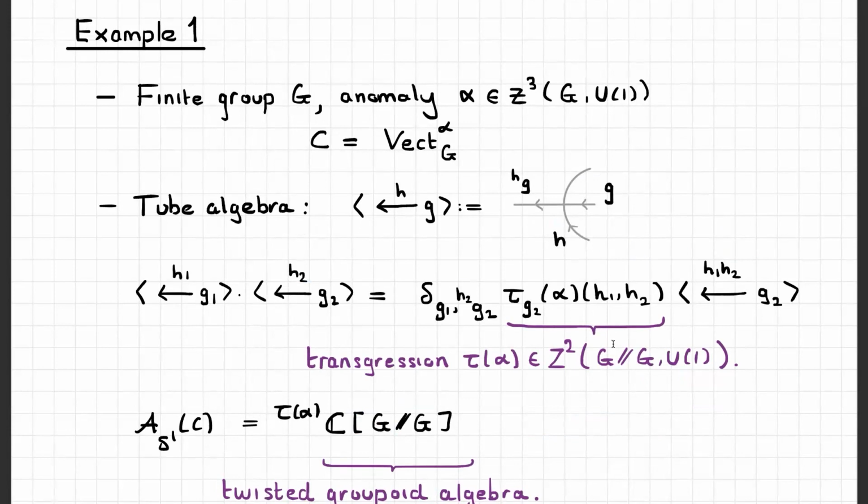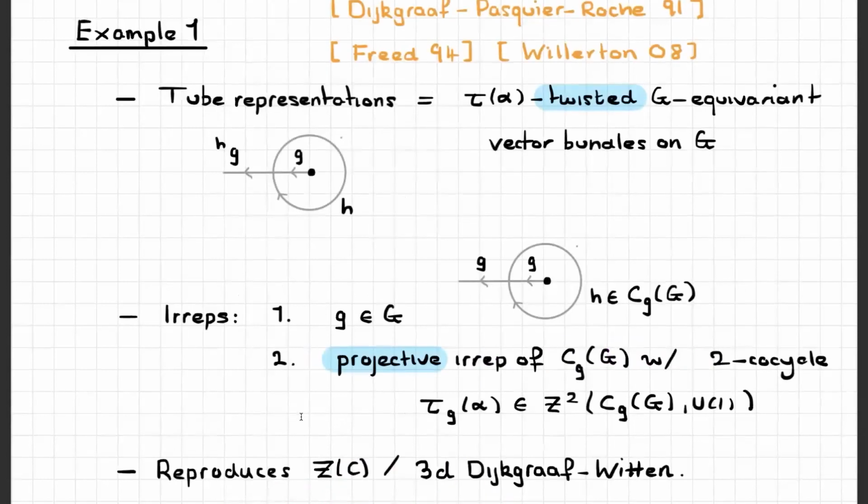And so what you find is that the tube algebra is basically the groupoid algebra for G acting on itself by conjugation, but the product structure is slightly twisted due to the presence of the anomaly. And so the anomaly is transgressed into a twist for this groupoid algebra. Okay, so that's what it looks like for a group.